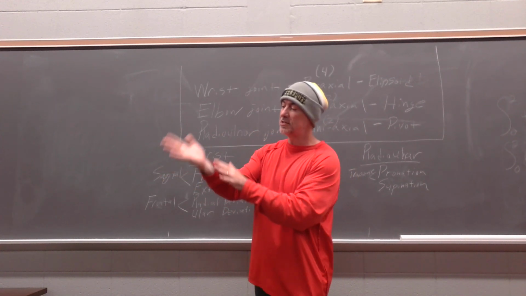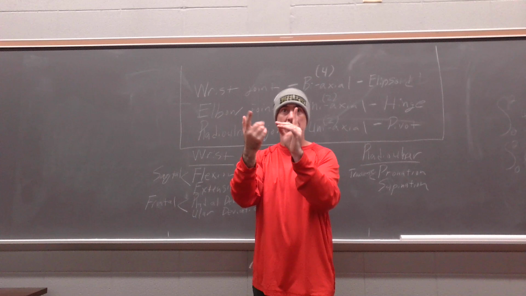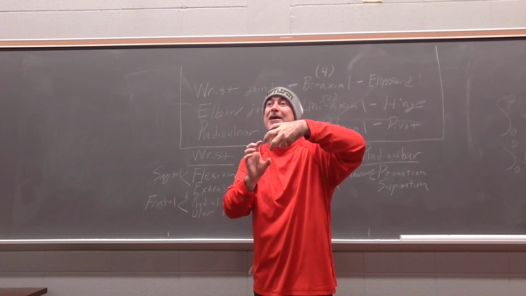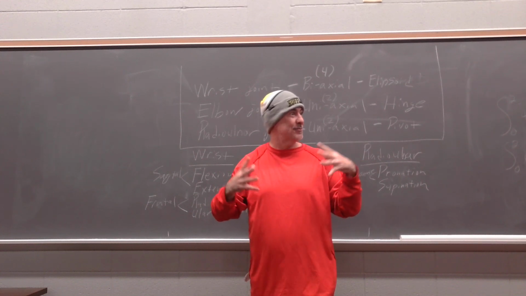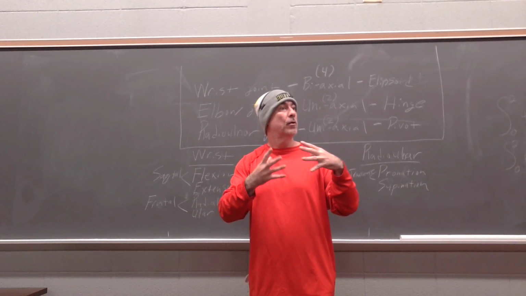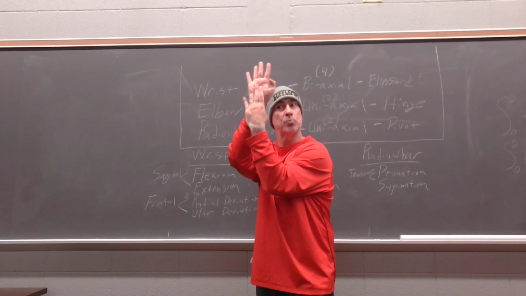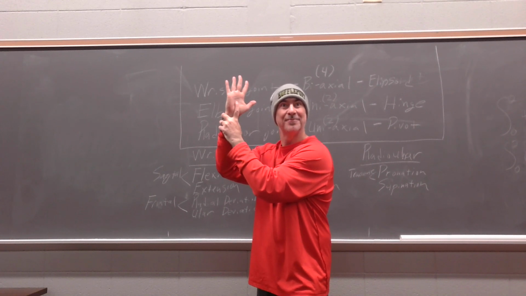What we don't want to do is have all that plumbing and wiring that crosses our wrists in the front, arteries, nerves, and twist it like a balloon animal. Does that make sense? That just sounds like not a good day. We want to keep all the plumbing and the wiring lined up. And one of the ways we do that is keep the radius and the carpal bones lined up.